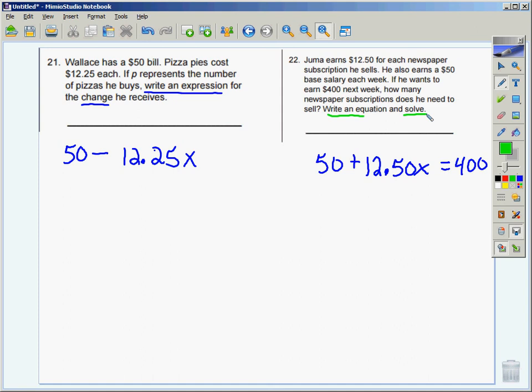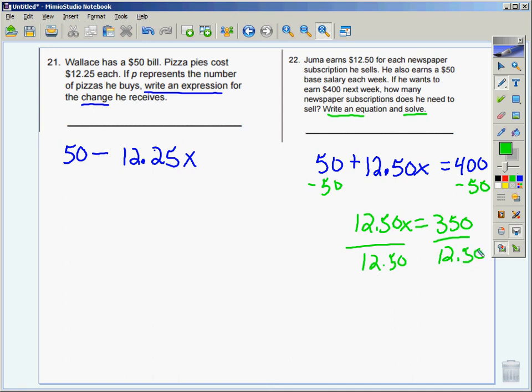I'm going to subtract 50 from both sides. I'm going to have 12.50x is equal to 350. I'm going to divide both sides by 12.50. And I'm going to get that x is equal to 28.